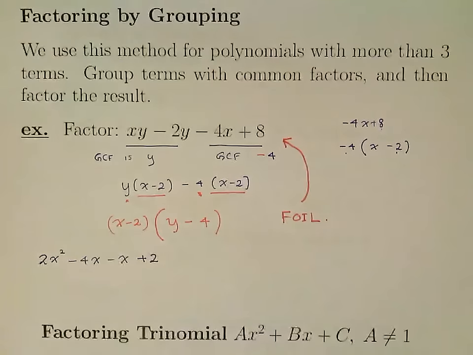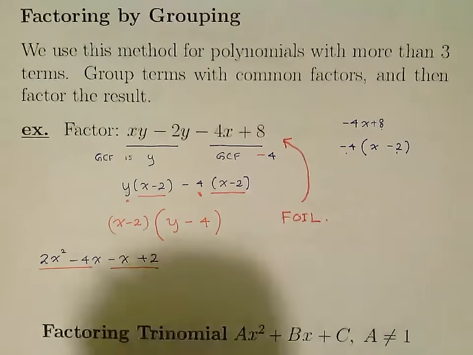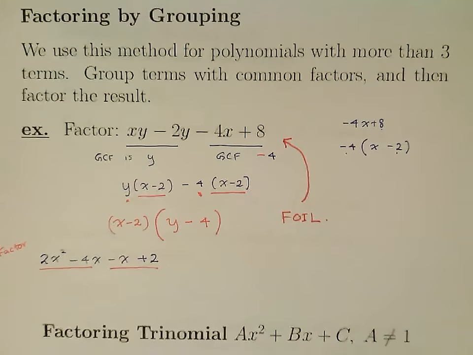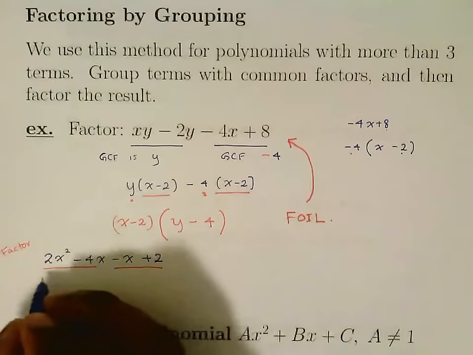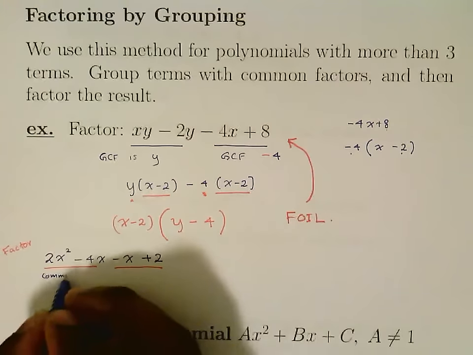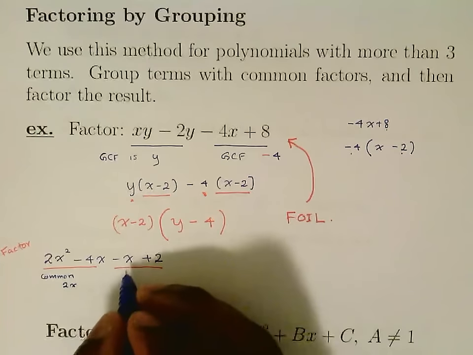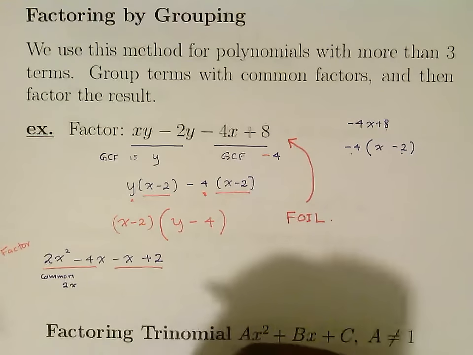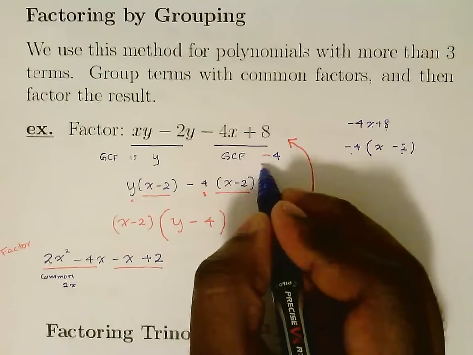First of all, notice that you can group things. So the question is factor. Okay, so here I will factor the common factor 2x, and here there is no common factor between these two, but I can say 1 is a common factor, or rather I will say -1 is a common factor.